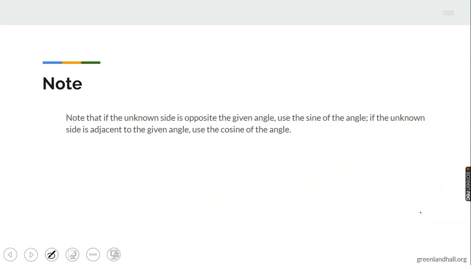Now, note something. Yes, this is very, very important. Note that if the unknown side is opposite the given angle, use the sine of the angle. What does that mean? If the unknown side is opposite the given angle, let's say for instance, this is the unknown side, x, and this is the angle.